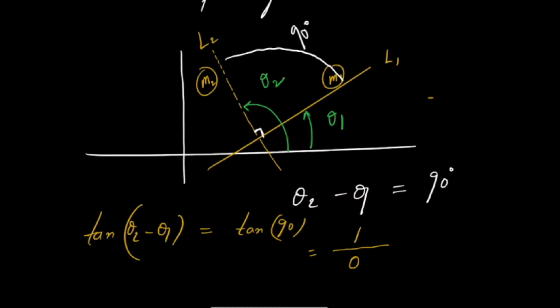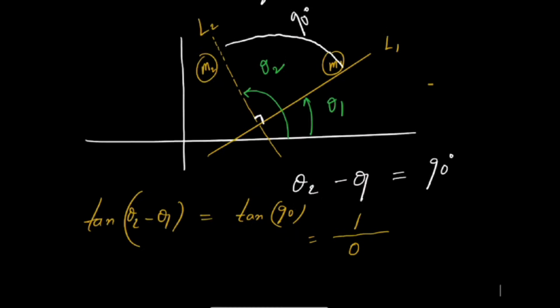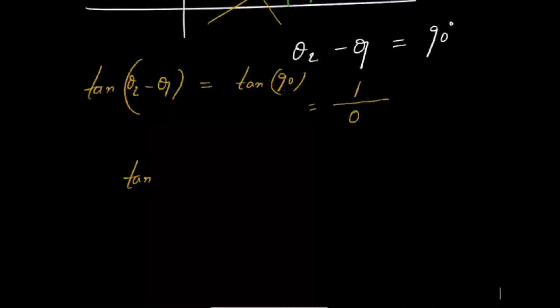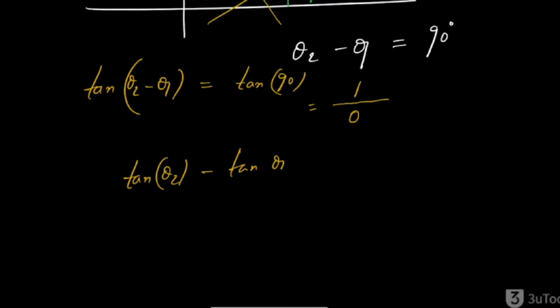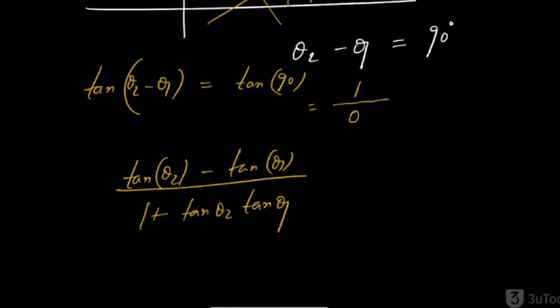So that means this should be equal to 1 by 0. So what is tan(theta 2 minus theta 1)? It is (tan theta 2 minus tan theta 1) divided by (1 plus tan theta 2 tan theta 1). Correct? Which is equal to something by 0, because tan 90 is something by 0, which is undefined.